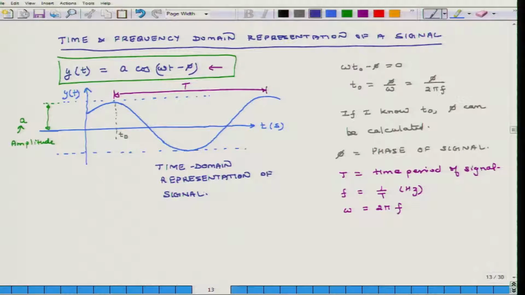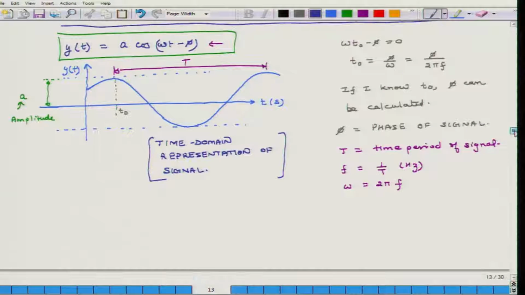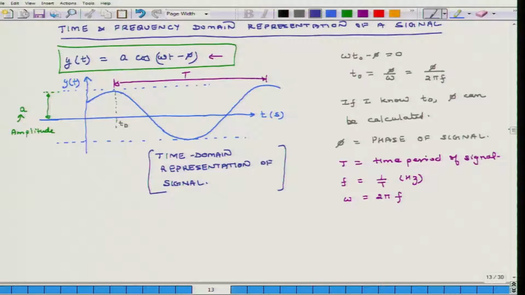So, this is our function, right. Why is it time domain? Because I am plotting y as a function of time. So, if I plot y, it does not have to be a sinusoidal signal, any signal. If I plot it as a function of time, I say that it is time domain representation of the signal or time series signal. But I can plot the same information.